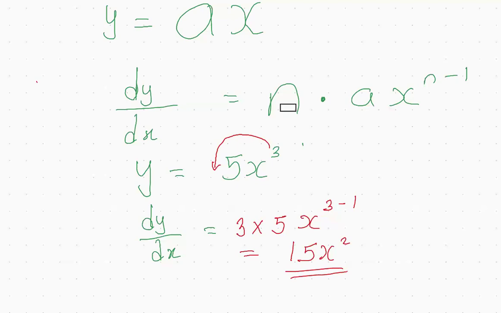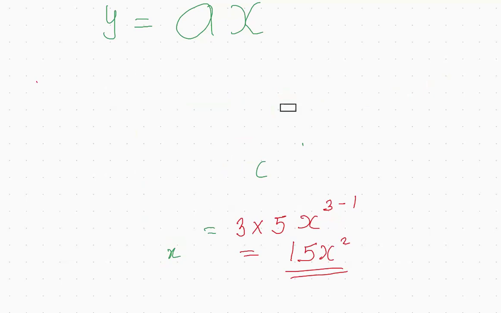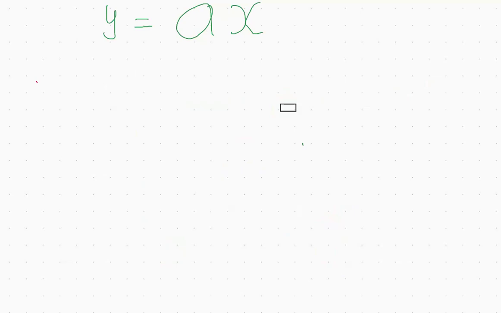So that is it. I'm going to write some on the screen, so you pause the video and have a go on some of them. I'm going to rub this off. Quickly, find dy/dx for all of them.